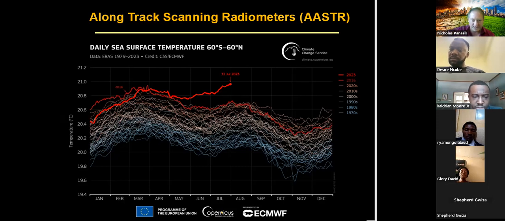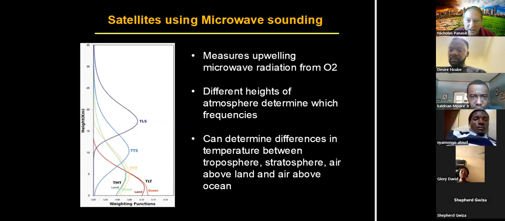And it's consistent. Okay. So besides using infrared, satellites can also use what's called microwave sounding. Molecular oxygen in the atmosphere will, based on the vibrations and the excitations that it normally gets in the atmosphere, release radiation, usually in the microwave spectrum.